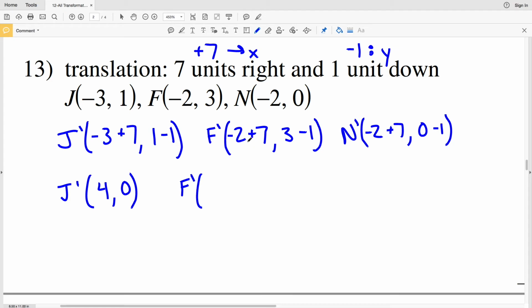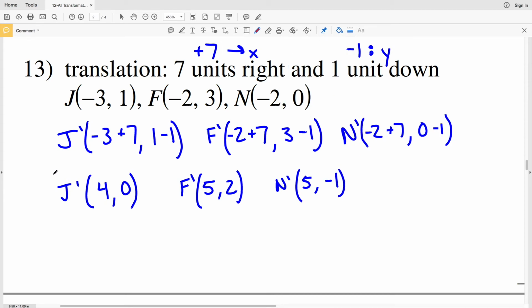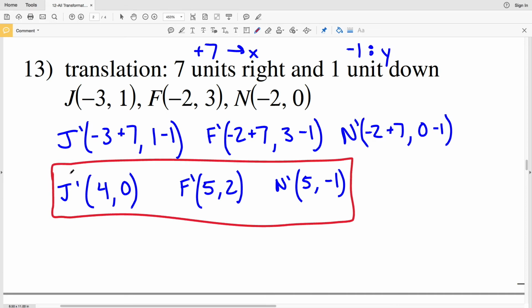For f prime, negative 2 plus 7 is 5, and 3 minus 1 is 2. And lastly, for n prime, negative 2 plus 7 is 5, and 0 minus 1 is negative 1. So our coordinates in number 13 for the vertices are j prime of 4, 0, f prime of 5, 2, and n prime of 5, negative 1.